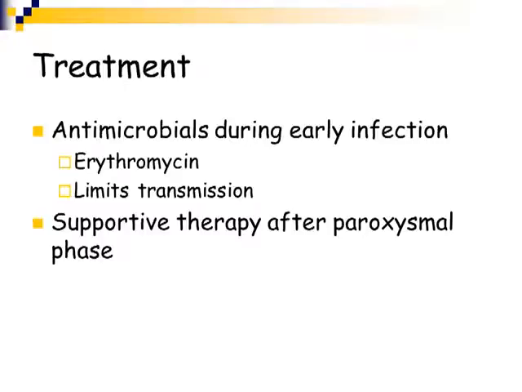After the paroxysmal phase, usually the treatment is only supportive, so trying to get the individual to build back their lung capacity and stop coughing and repair those ciliated cells, and if they have a pneumonia or any of the other complications, to treat those.